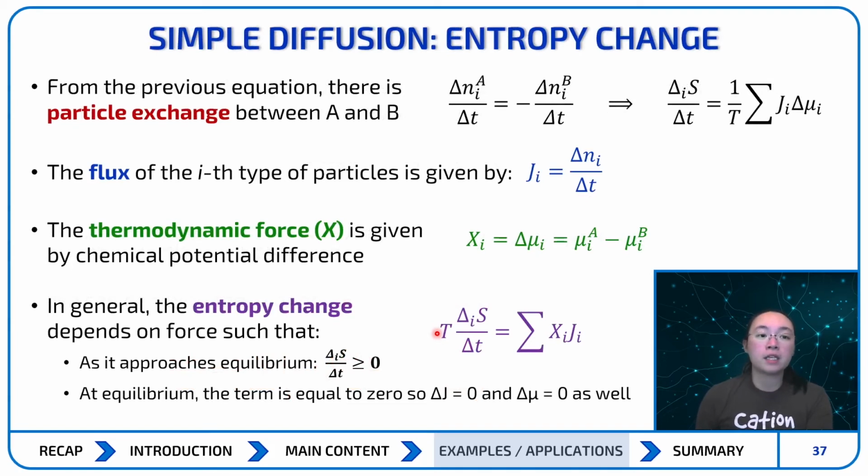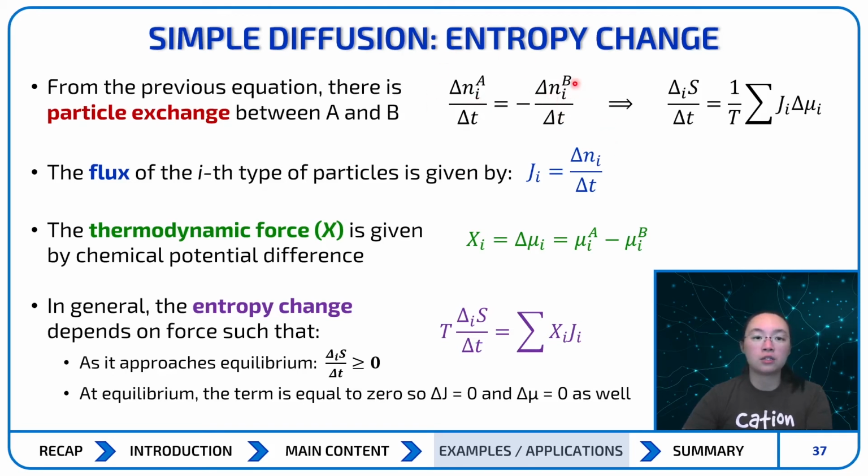Now, taking a look at the previous equation, there's particle exchange between A and B. So if there's particle exchange between A and B, it means that the change in the number of molecules of a certain ion, let's say i, or a particle, is going to be positive for one phase and negative for the other phase.